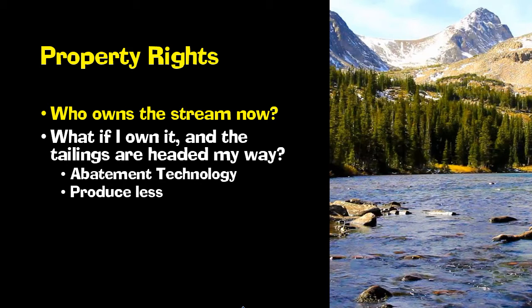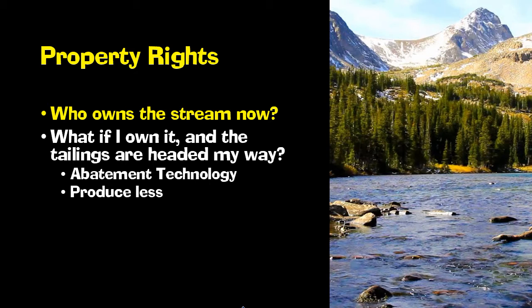Well, I can go after the person who's putting that stuff in my stream, and they have several choices. One would be that they try to pay me off. They try to give me money for me to go clean up my stream.